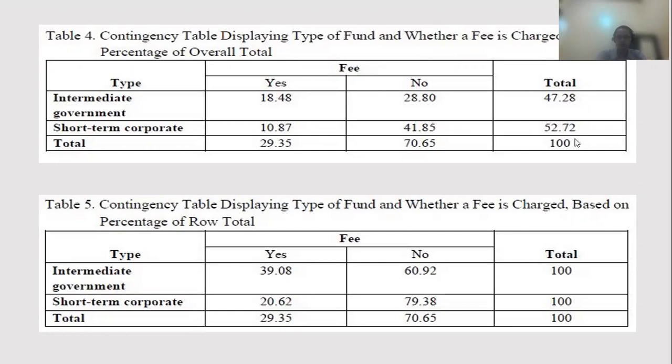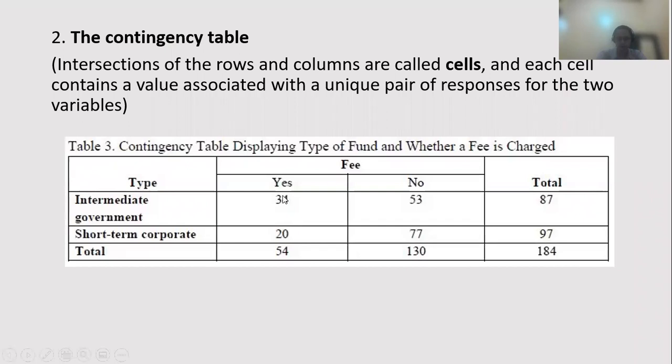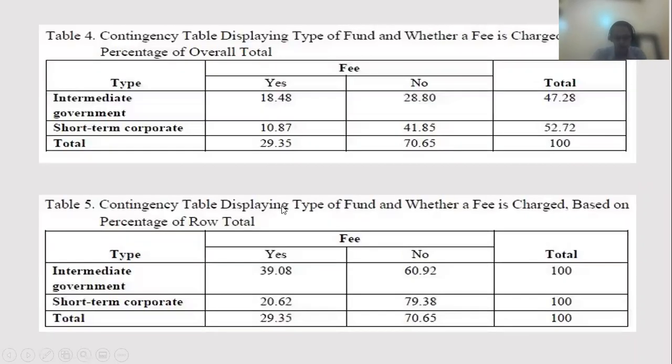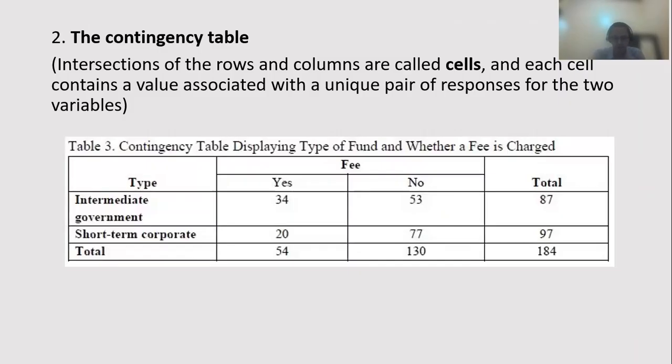Your denominator is this. So let's say in the first table, we have 34. And in order to get the percentage of this cell, 34 divided by 184.